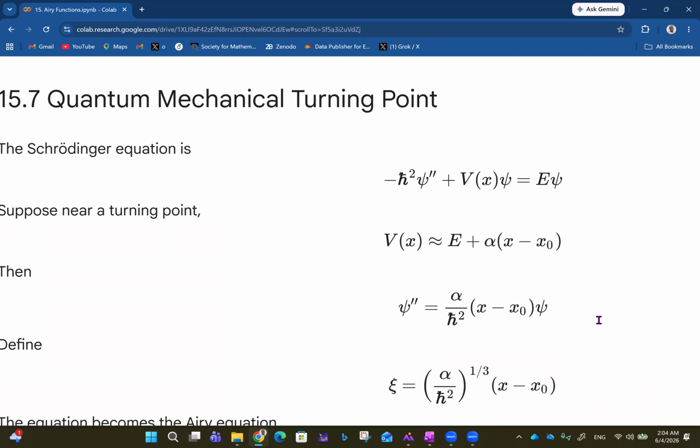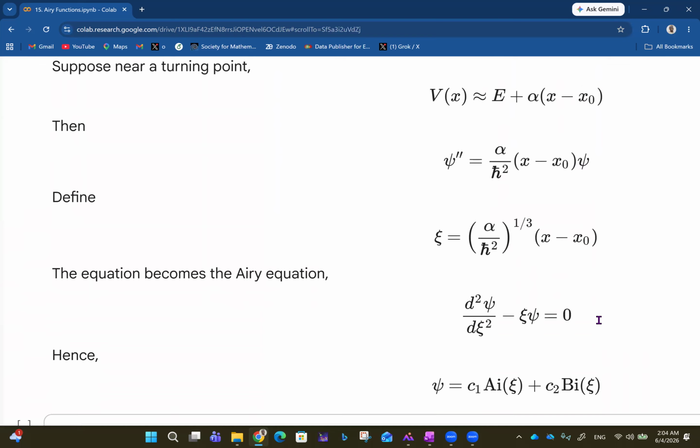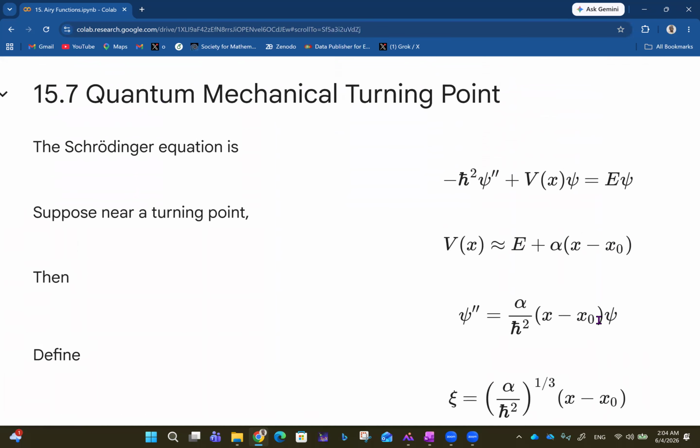Then we talk about the quantum mechanical turning point. So the Schrodinger equation is minus h bar squared psi double prime plus v of x psi equals E psi. So suppose near a turning point, our v of x is approximately E plus alpha times x minus x naught. Then we say that psi double prime is equal to alpha over h bar squared times x minus x naught times psi.